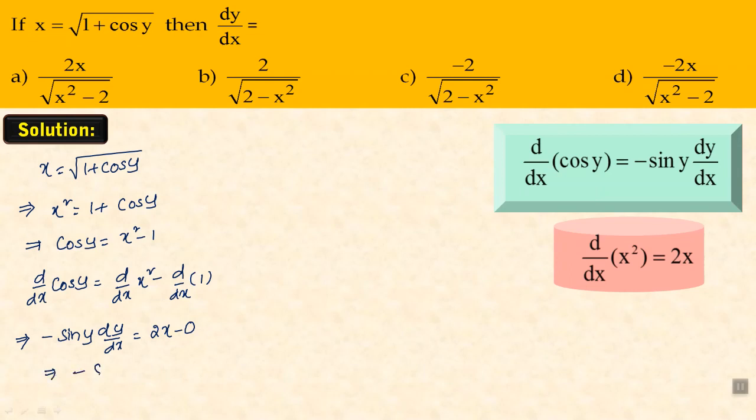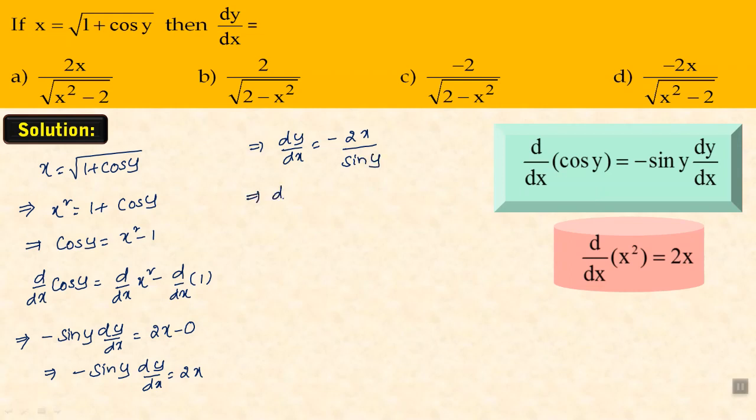This implies minus sin y into dy by dx is equal to 2x. That implies dy by dx is equal to minus 2x divided by sin y.